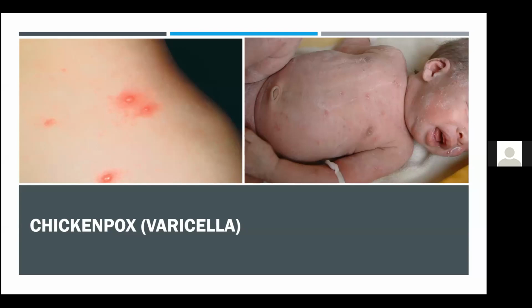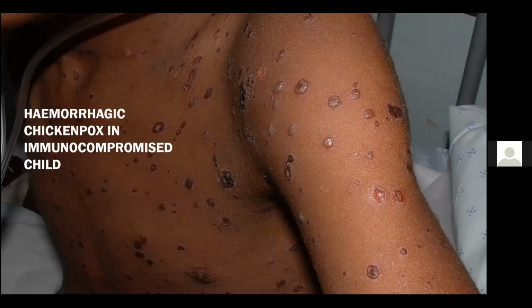And the question of whether you should treat all children with acyclovir or only immunocompromised is controversial, and children are contagious only until all the lesions have scabbed over. And this is a picture of an immunocompromised child who developed hemorrhagic chickenpox.